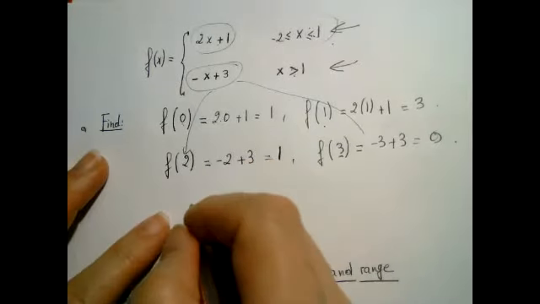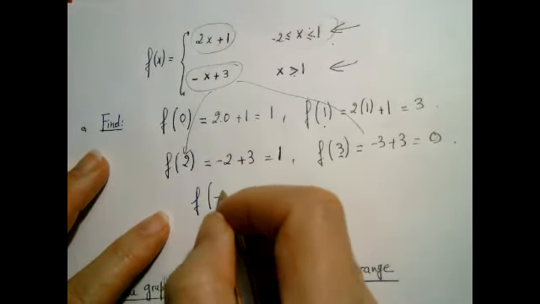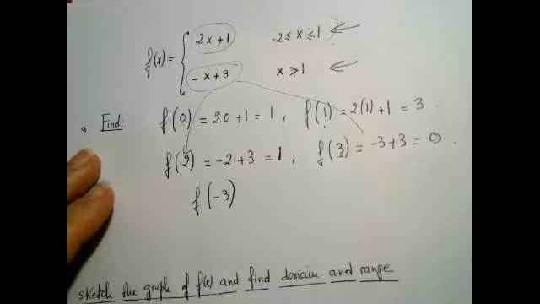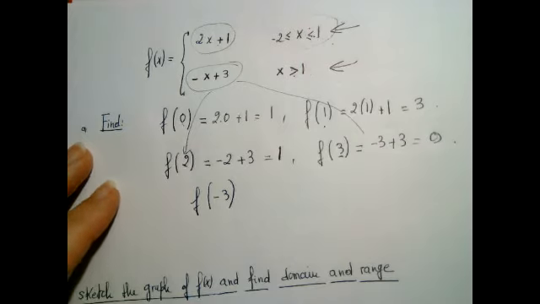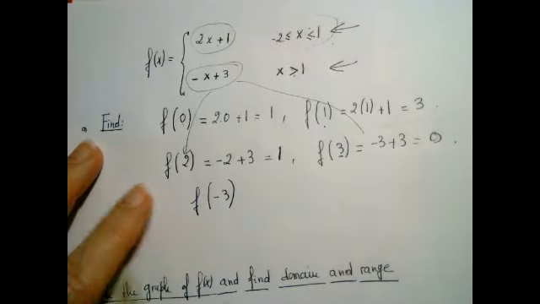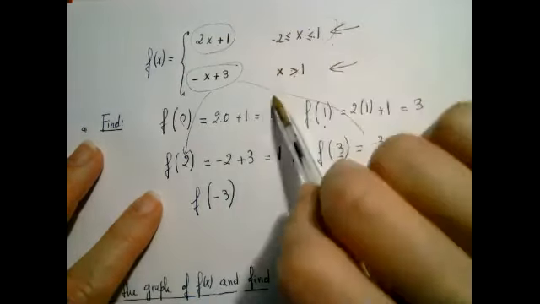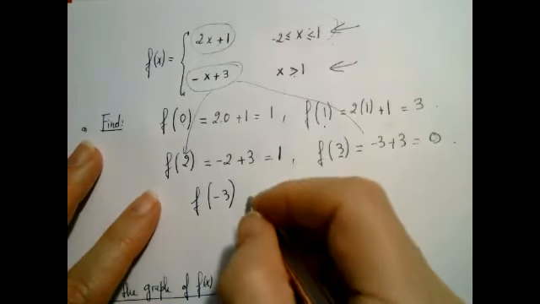Now let me pick, for example, f of -3. Neither, absolutely. -3 is not in here, and -3 is not in here, so this is undefined.